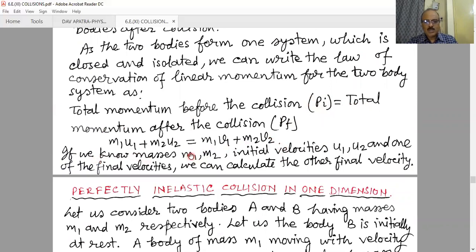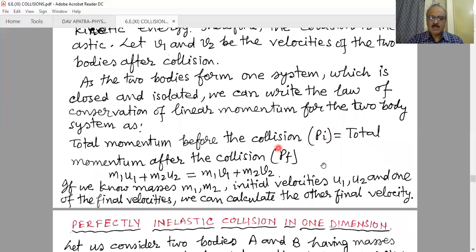If we know the masses m1, m2, the initial velocities u1, u2 and one of the final velocities, we can calculate the other final velocity. That means there is a limitation here. There are two unknowns, v1 and v2, but we have only one equation, coming from the law of conservation of linear momentum. Here we cannot write the equation for conservation of kinetic energy, so we cannot find the values.